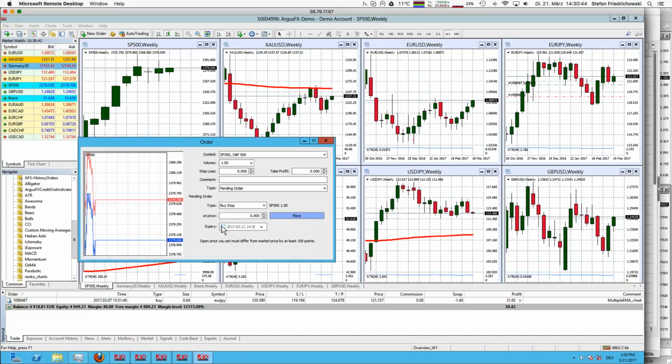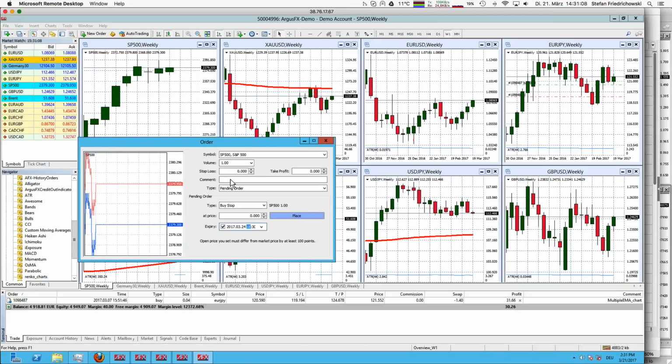And we use the expire date here as well, because on Friday I want that pending trade being deleted automatically, and I can use the expire functionality in order to have that.